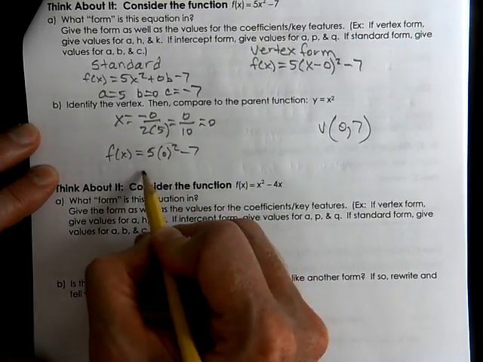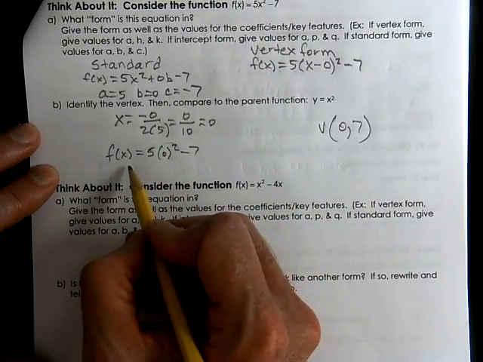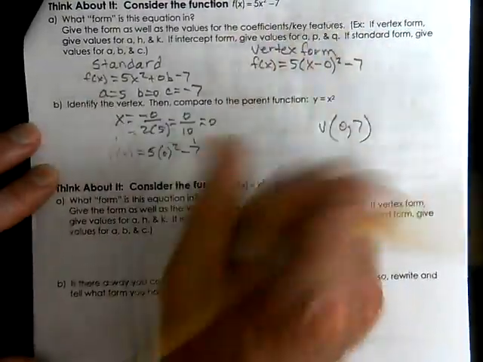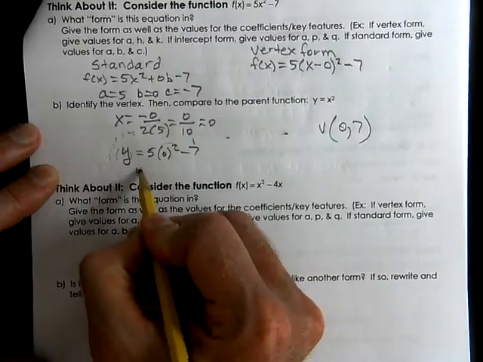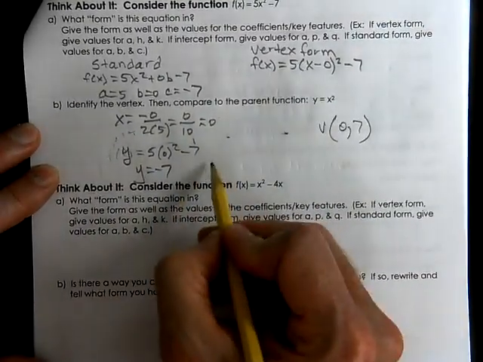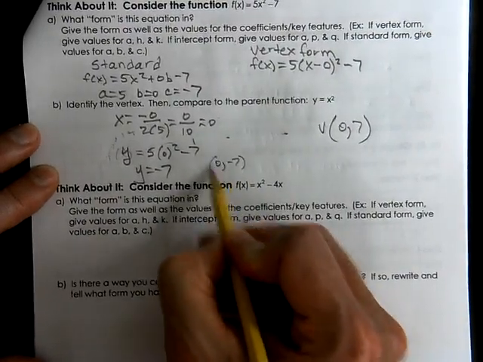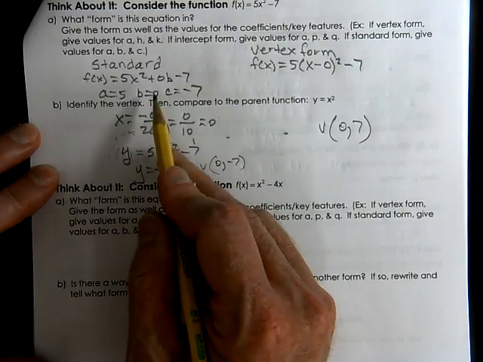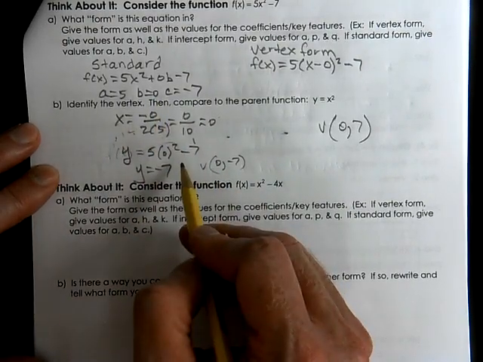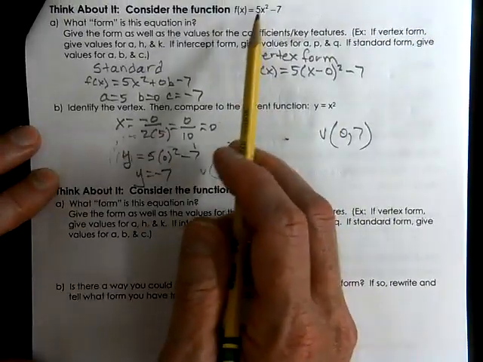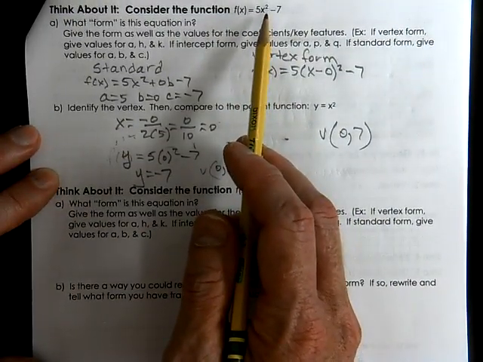This becomes 0. F of x isn't a great term to use. I'm sorry. Let's just make that y, because it is the y value. All right, the y value would be negative 7. So we get 0, comma, negative 7 when we plug our b value of 0 into our line of symmetry. A little bit more complicated looking, but that's this form.